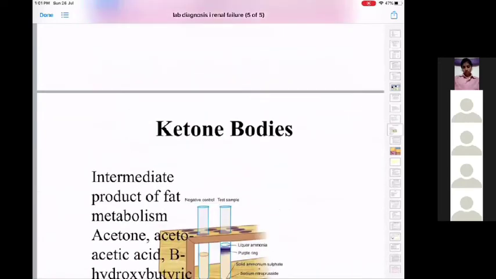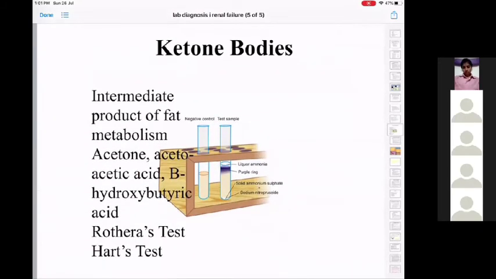Second is the ketone bodies. Normally there are no ketone bodies present in the urine. If ketone bodies are present, it means the patient has ketoacidosis or ketosis. That also occurs in diabetes mellitus or in a starving condition.